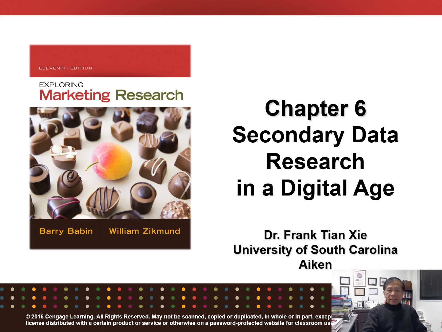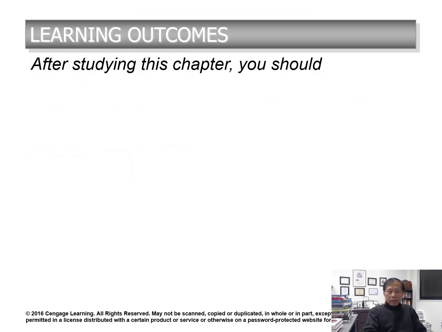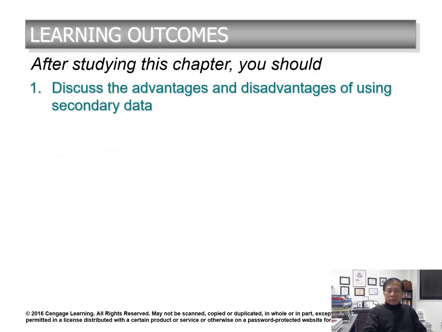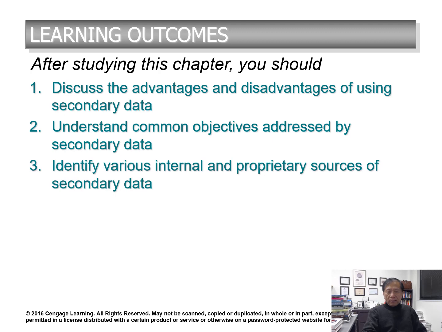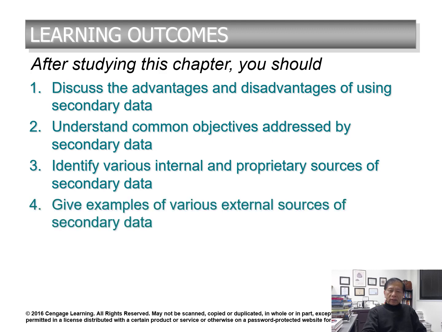This is chapter 6. In this chapter, let's talk about secondary data research in the digital age that we're in. After this chapter, you should be able to discuss the advantages and disadvantages of using secondary data, understand the common objectives addressed by secondary data, identify various internal and proprietary sources of secondary data, and give examples of various external sources of secondary data.